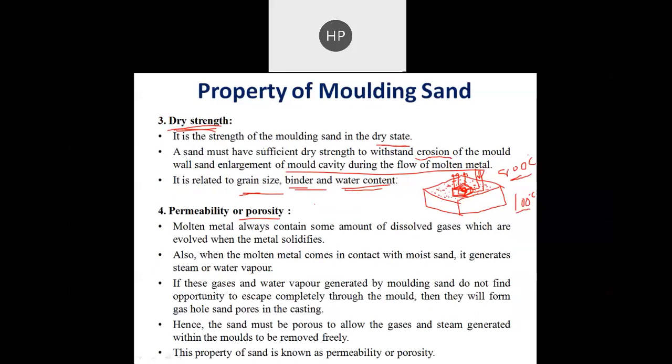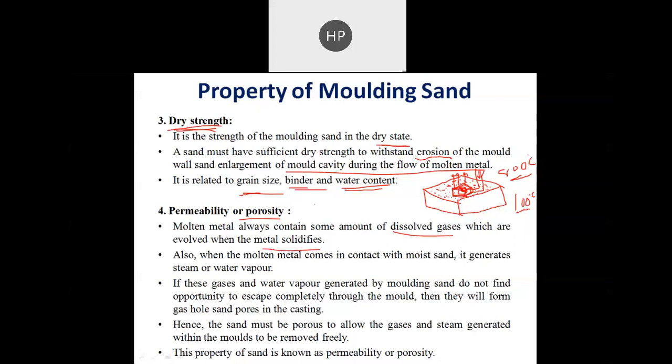Molten metal always contains some amount of dissolved gases. Whatever molten metal we are pouring has a certain amount of dissolved gases which are evolved when the metal solidifies.